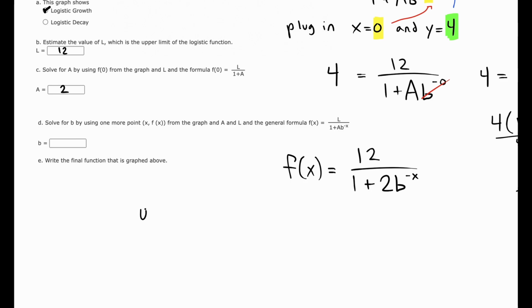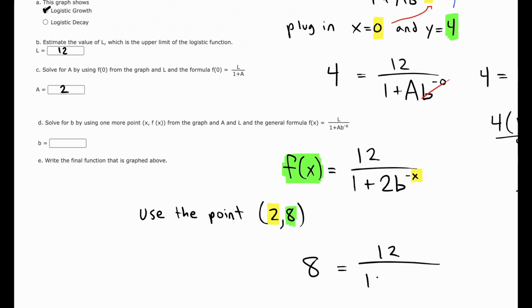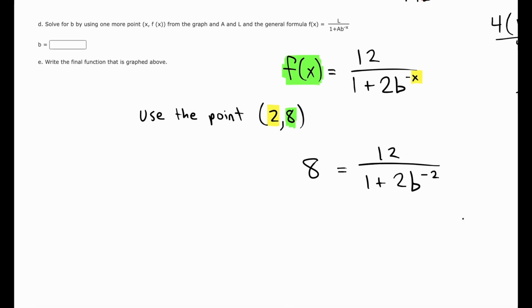So use the point (2, 8). The 2 is going to go in for x, and the 8 will go in for the value of the logistic function. So 8 equals 12 over 1 plus 2B to the negative 2.